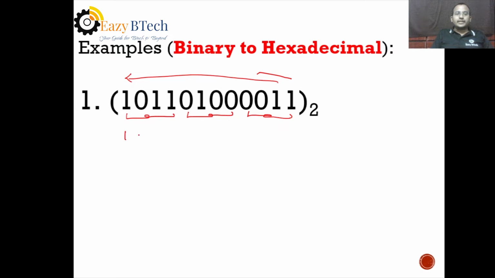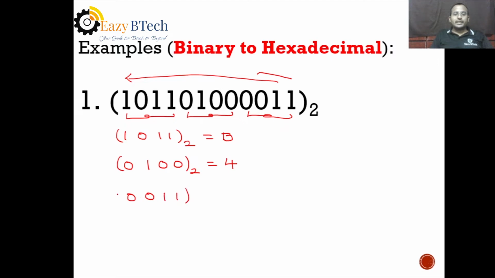So 1, 0, 1, 1. If this is the binary number, the corresponding hexadecimal equivalent for this is 11, so that means it is B. Next one is 0, 1, 0, 0, the corresponding hexadecimal equivalent is 4, whereas for 0, 0, 1, 1, the corresponding equivalent for this 4-bit binary number is 3.